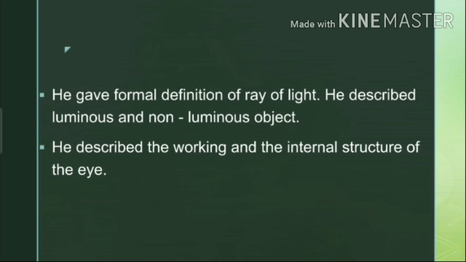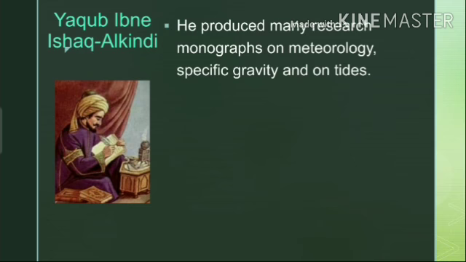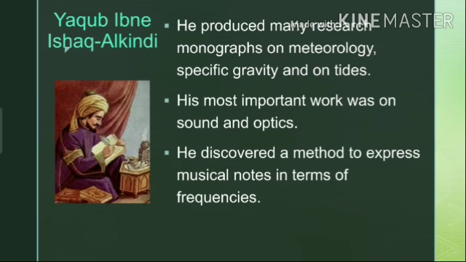The second famous Muslim scientist is Yaqub al-Kindi, whose full name is Yaqub ibn Ishaq al-Kindi. He is also very famous and he wrote many books too. He worked on music. Let's see the points which are mentioned. He produced many research monographs on meteorology, specific gravity and tides.